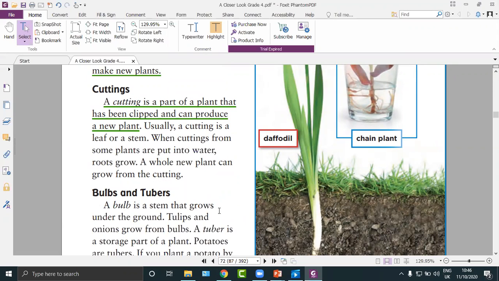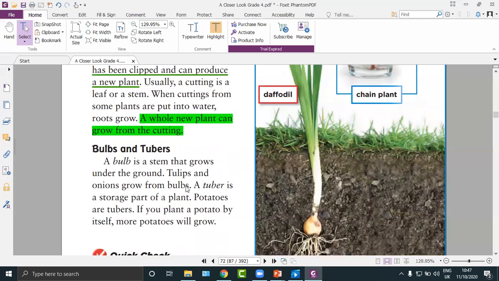A whole new plant can grow from a cutting. The definition of cutting is a part of a plant that has been clipped and can produce a new plant. Be careful with the definitions. Here, a whole new plant can grow from the cutting.